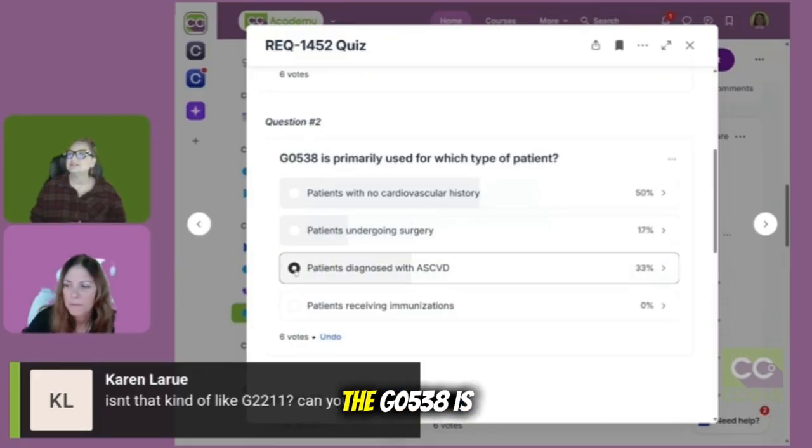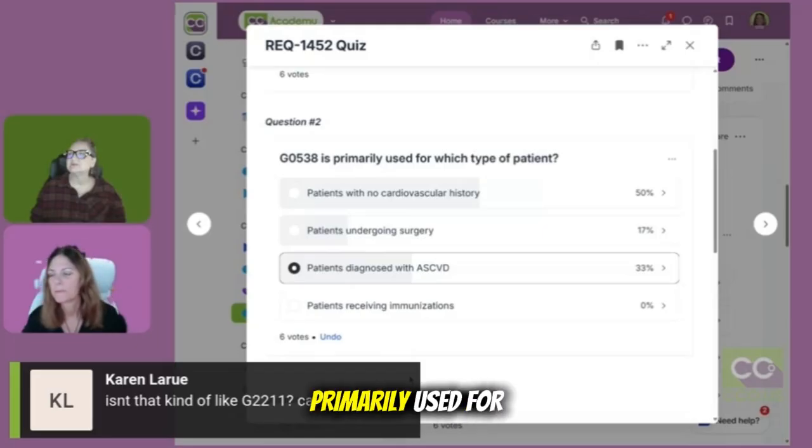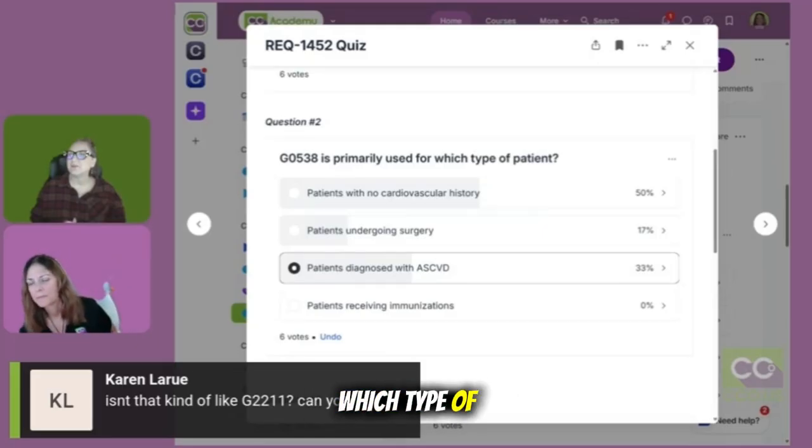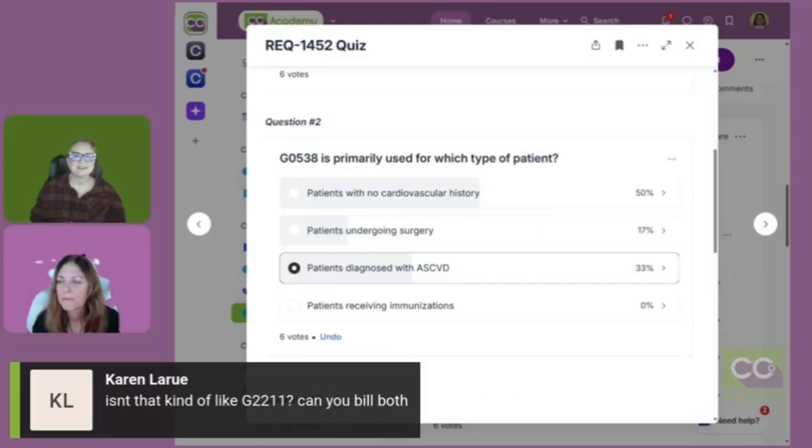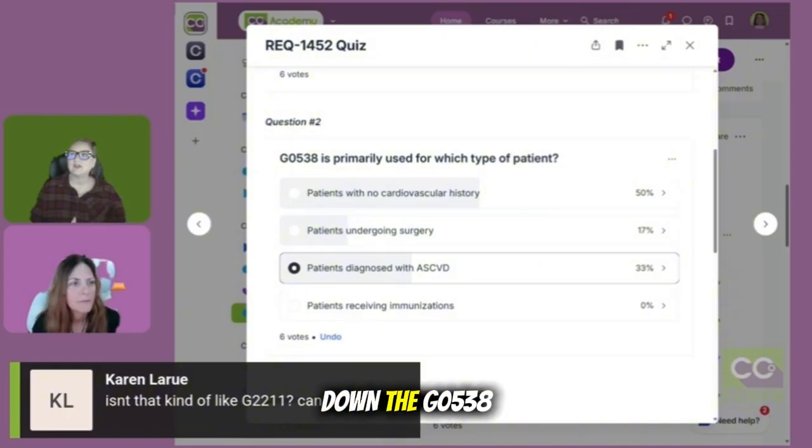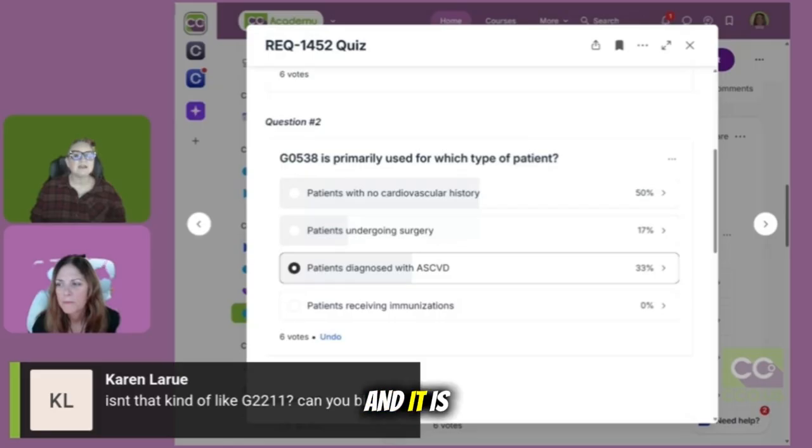So narrow it down. The G0538 can be used every month, and it is a monitoring, right? So you're not doing it once a year with that assessment tool. You're following and monitoring, assessing the patient each month.